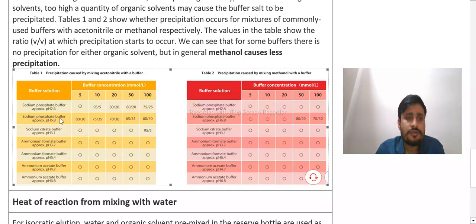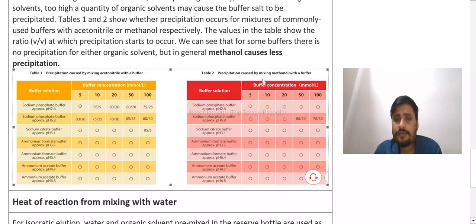If we prepare a sodium phosphate buffer of approximately pH 6.8 in ACN, at 25 millimolar buffer strength we get buffer precipitation at an 80:20 ratio, and at 10 millimolar buffer strength we get precipitation at 75:25.